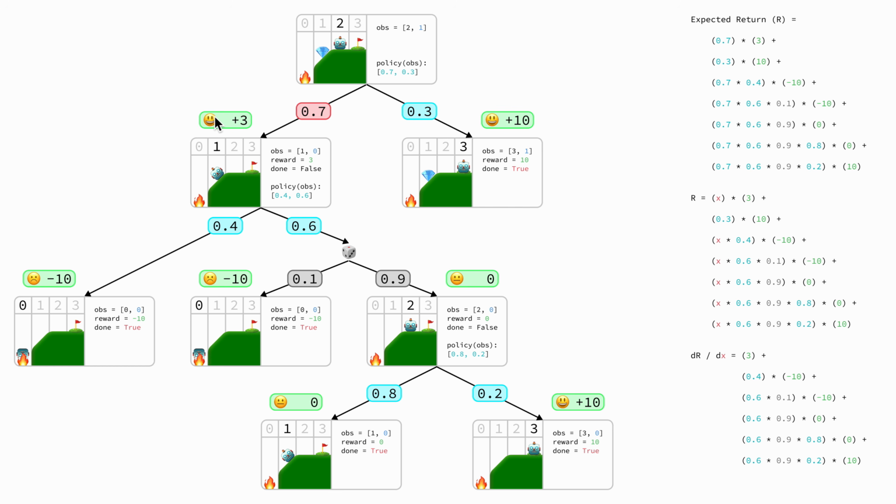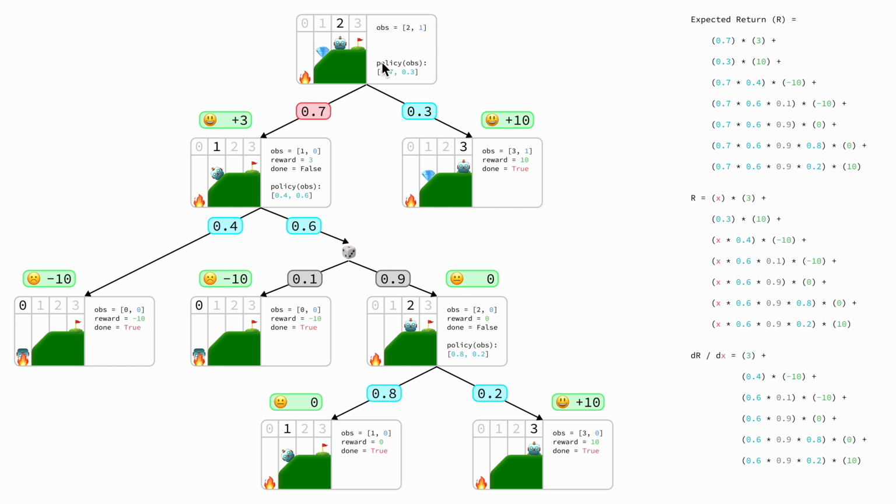So we're guaranteed to get a reward of 3, then there's a 40% chance we'll also get a reward of -10, a 0.6 times 0.1 chance of getting this reward, and so on. So this sum is the expected return after taking this action. So the partial derivative of this action value is the expected return after taking this action. And that makes sense.